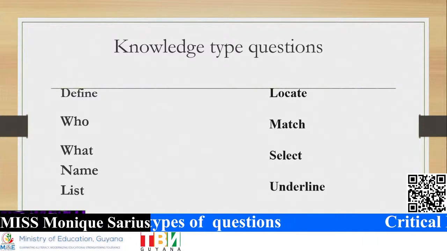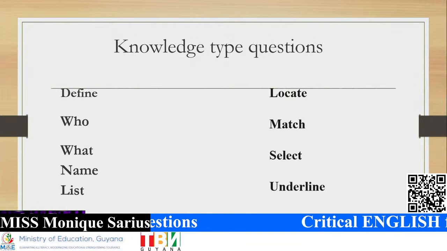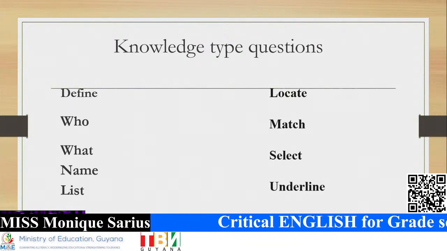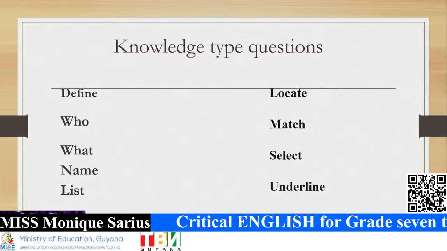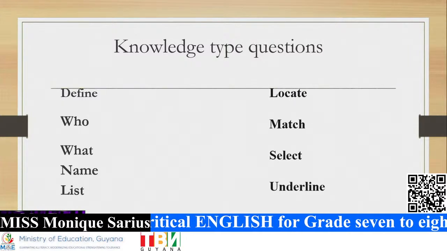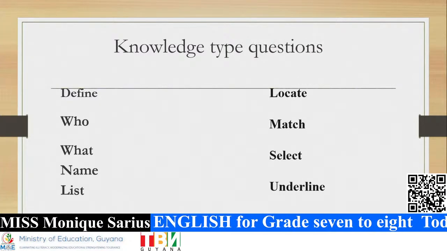Then we have list. If we ask you to list all the students in your class, easy peasy, right? You can list everybody if you have the register in front of you. We have locate, match, select, underline. All of those things can be answered by just looking at the passage that was given.